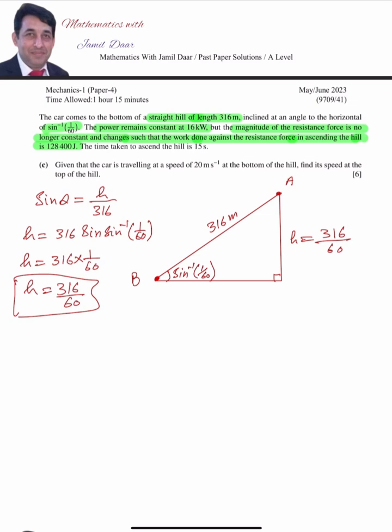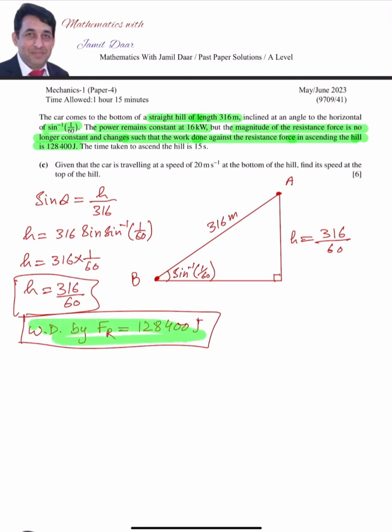So work done by resistance force is given to be 128,400 joules. This is given to you. We'll highlight this because we have to use it in the next one.